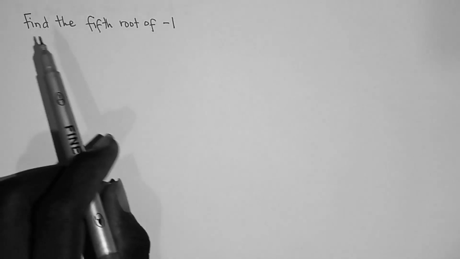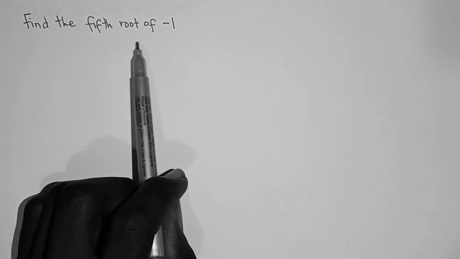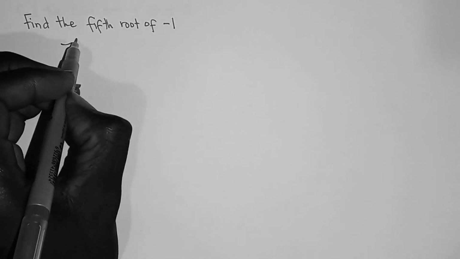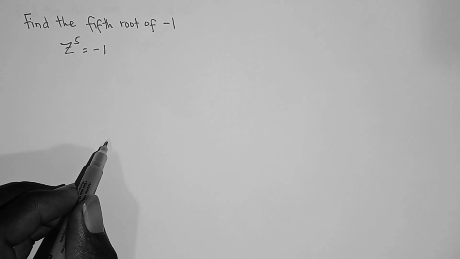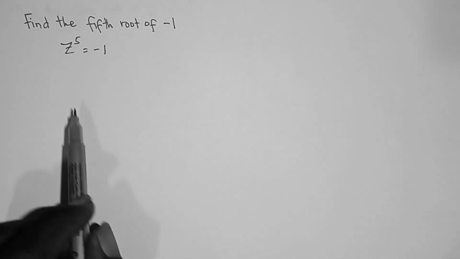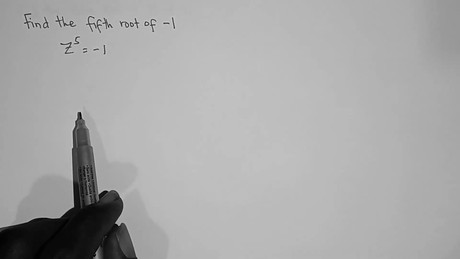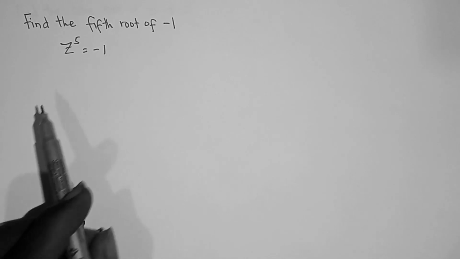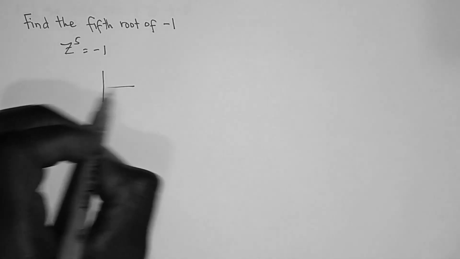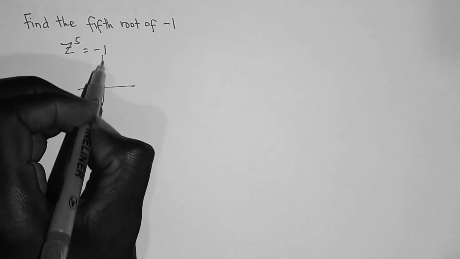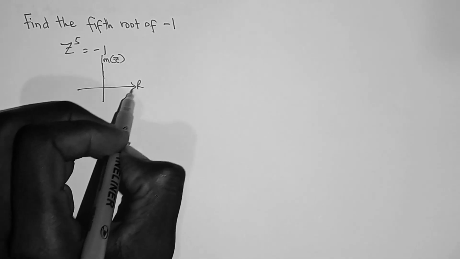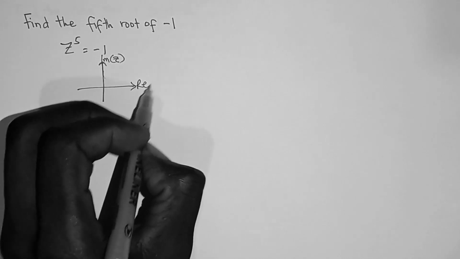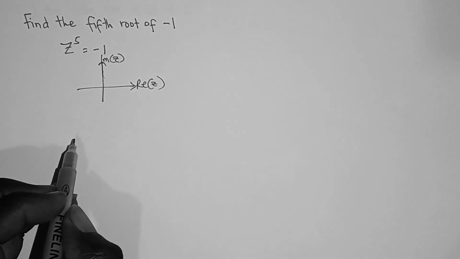So we have another question here, which says, find the fifth root of minus 1. In other words, z exponent 5 is equal to minus 1. So we need to express minus 1 in terms of a complex number. If we sketch this on the real and imaginary axis, this is the imaginary part of z, and this is the real part of z.